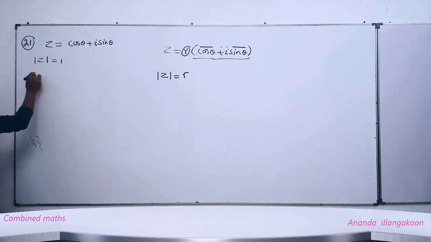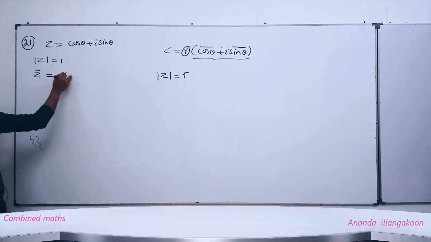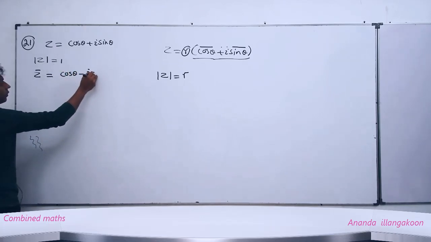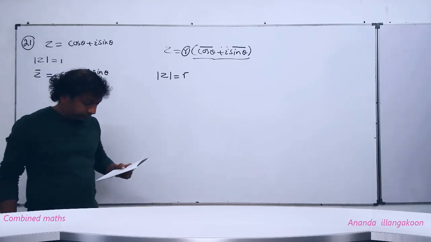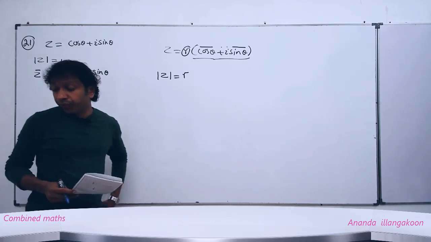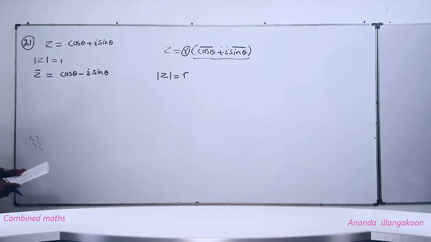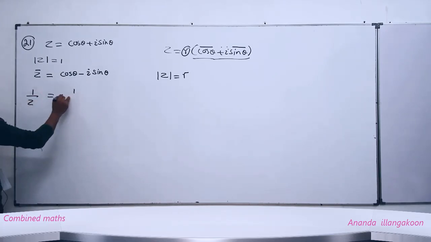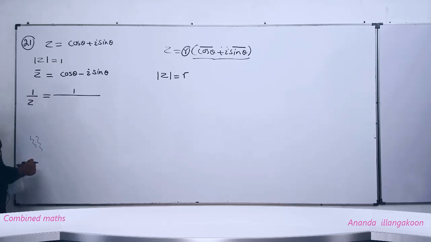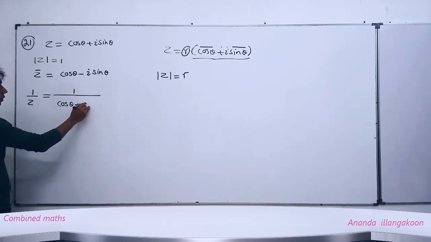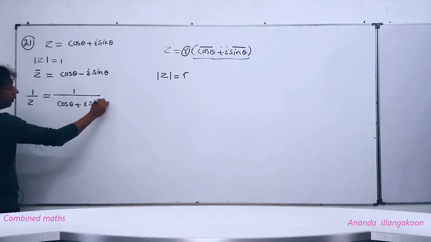And the other one is z bar equals cos theta minus i sin theta. Then we have to prove 1 upon z is equal to z bar. 1 upon z means 1 upon cos theta plus i sin theta.